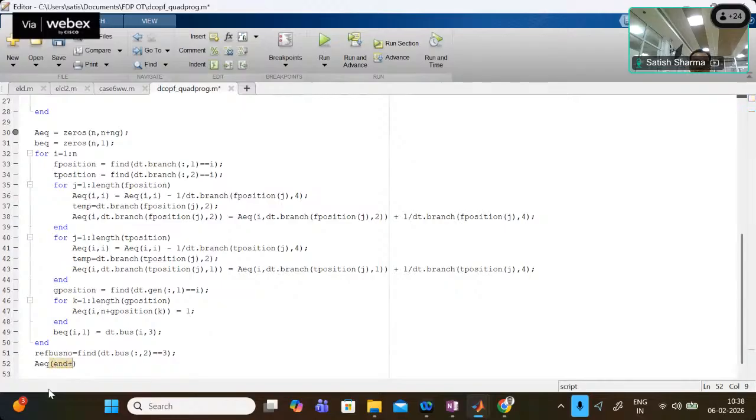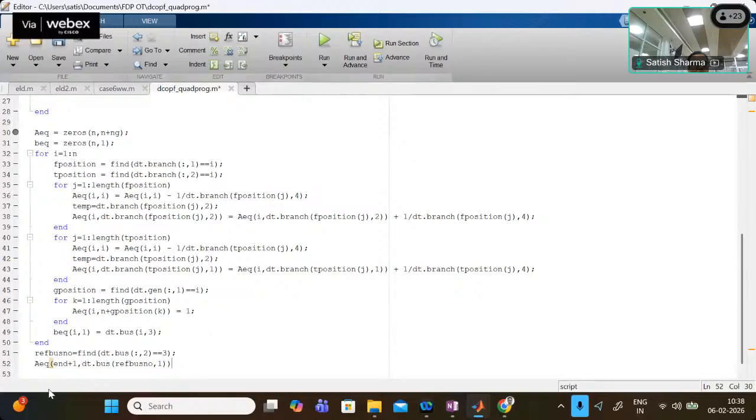I have to add another row, because the n rows in AEQ represent the power balance equation, so we have to go for n plus 1. The extra row's column will be the reference bus number. So I will get that number and put it here: dt dot bus, reference bus number comma 1.